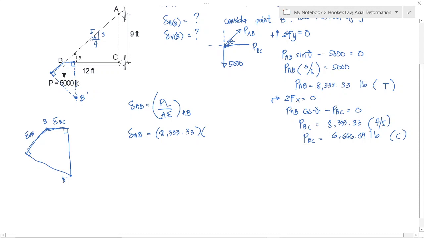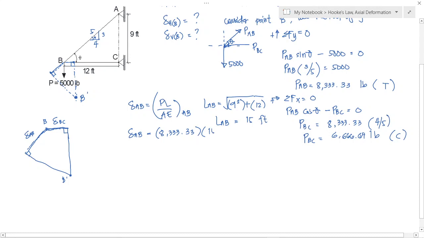Length ng AB natin, class, is equal to the square root of 9 squared plus 12 squared, which is equal to 15. 9, 12, 15 feet.